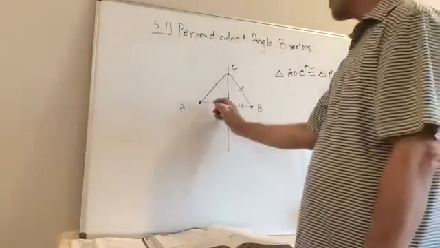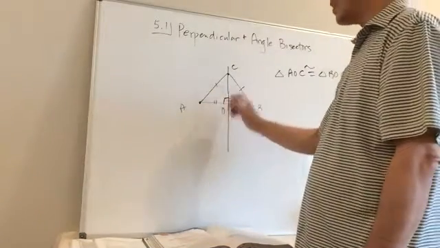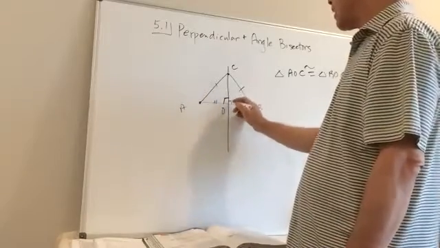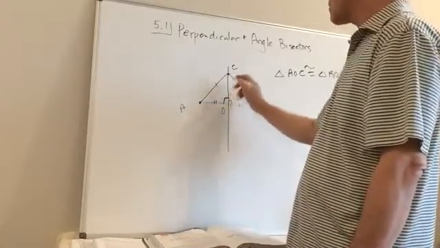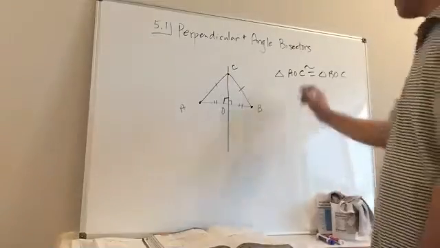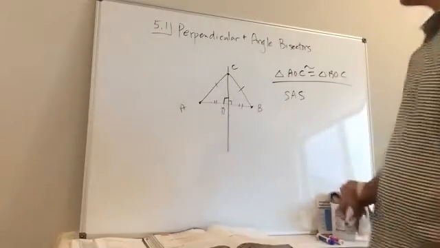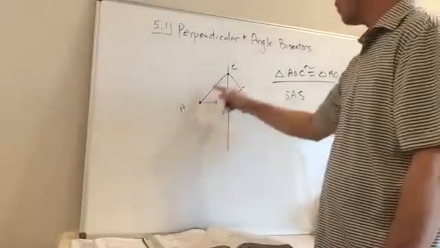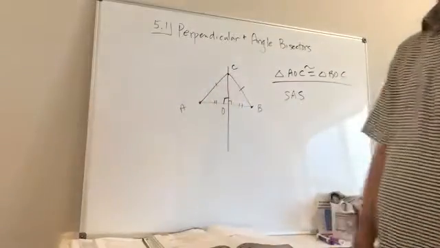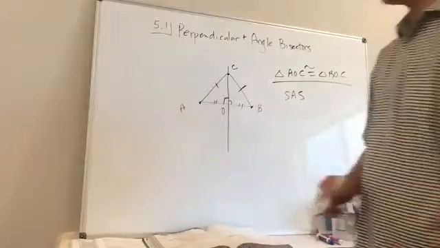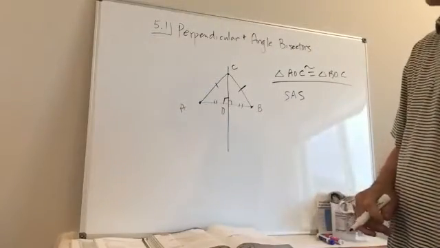So you have SAS, side angle side. From SAS, we can say that this triangle and this triangle are congruent. Therefore, this side and this side are going to be the same length.